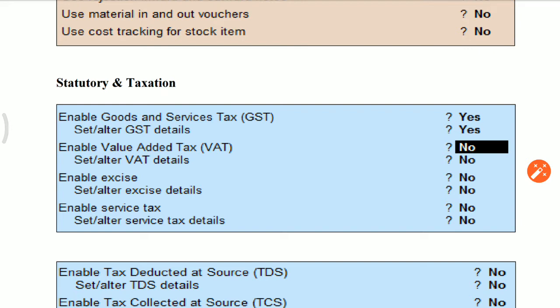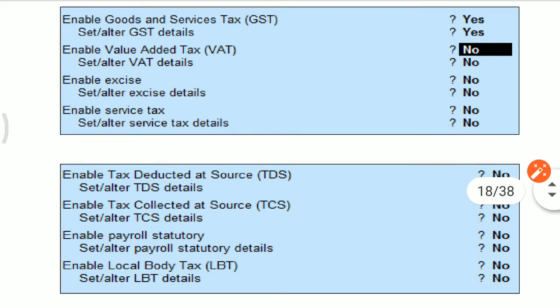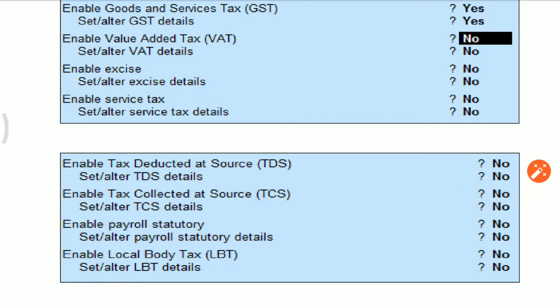Other options are also available, that is VAT, excise, service tax, TDS, TCS, payroll options, local body tax. Generally, GST is activated in Tally because it's better. Nowadays Tally is upgrading in GST due to more updates and amendments in GST.